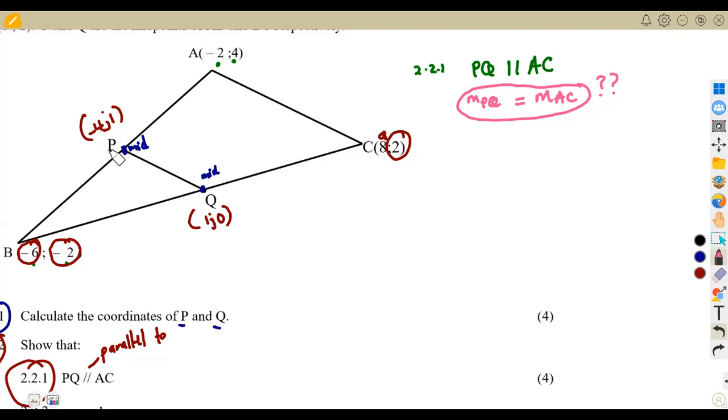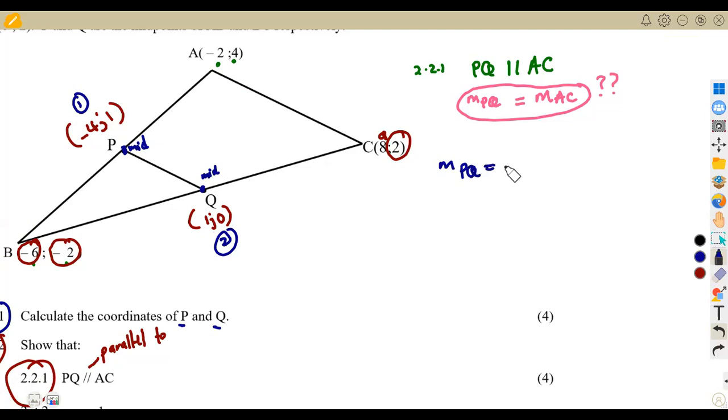We've got the point P, we've got the point Q. We calculated these points. All right, remember our point P here. We said this is -4, 1. Okay, so you can calculate our gradient. We can just say this is our first point, this is our second point. So let's calculate the gradient of PQ.